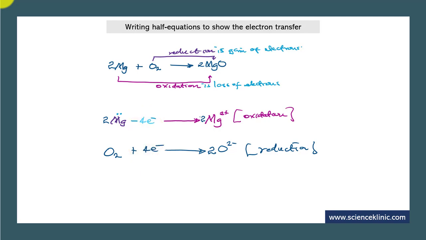So let's just combine the 2 equations together. If you combine these 2 equations together, we are going to get the whole equation back again. When we are combining the equations, we cut out the electrons. So we know that the equation is balanced actually. Minus 4 electrons plus 4 electrons equals no electron.